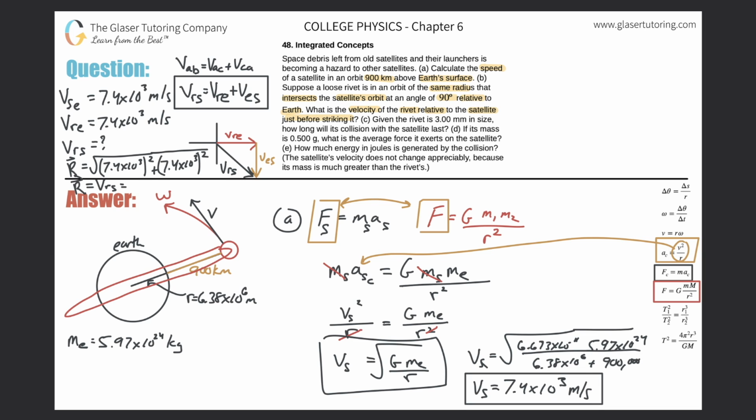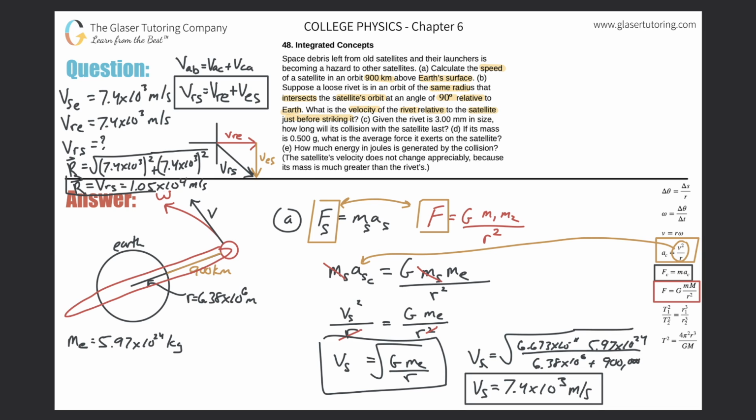You could just multiply by 2, squared. And we get a value of about 1.05 times 10 to the fourth now, and that is in meters per second. Okay, so this is the answer.